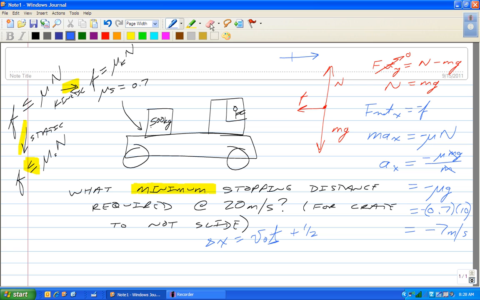We don't have time, so what do you want to do instead of that? Anybody have any other suggestions if we don't have time? v squared: v final is 0, and then initial is 20 squared plus 2 times negative 7, no. I like that.